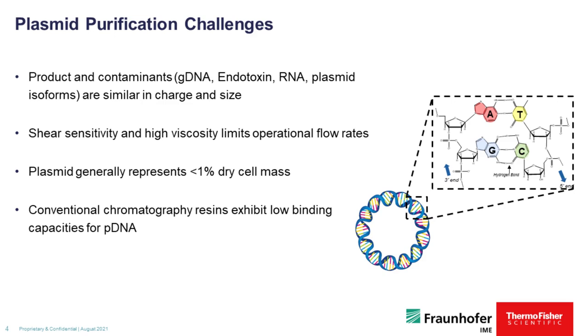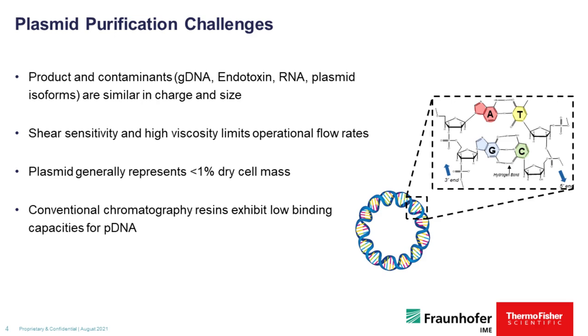These vaccine requirements result in unique challenges for plasmid purification. The first one being that the product and contaminants such as genomic DNA, endotoxin, RNA, plasmid isoforms, they're all similar in charge and size, so they're difficult to purify. Additionally, as I mentioned, they're susceptible to shear, and they have high viscosity limits, and so this also limits operational flow rate.